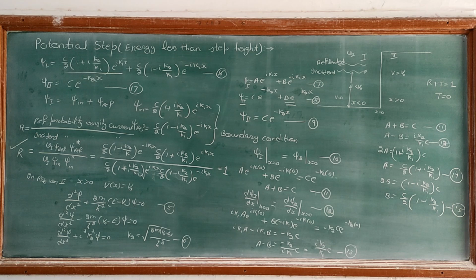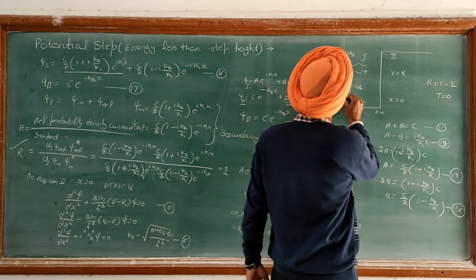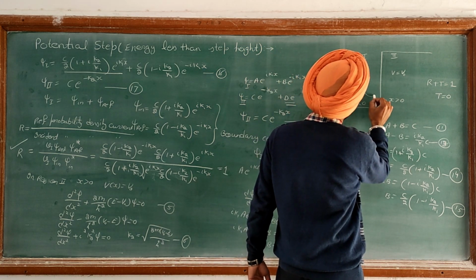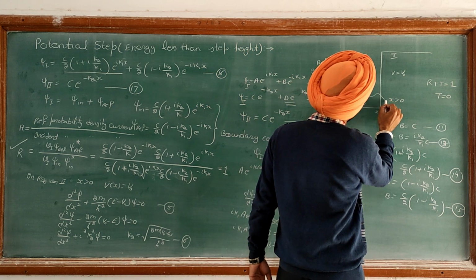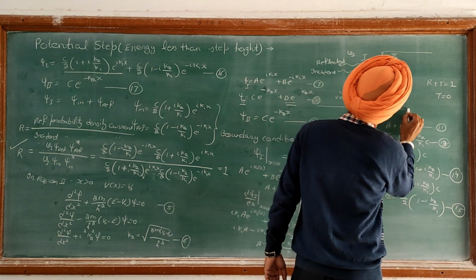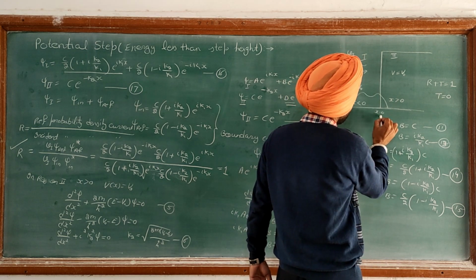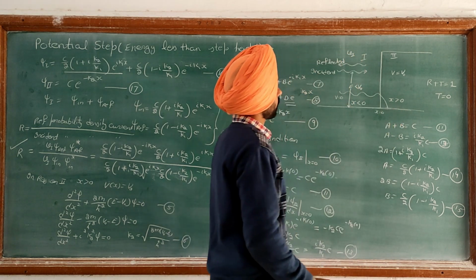Now the shape of the wave function in region 2. Suppose the particle is moving like this in region 1, and at the boundary, this is like the wave function in region 2. So it is continuous at the boundary and vanishes.